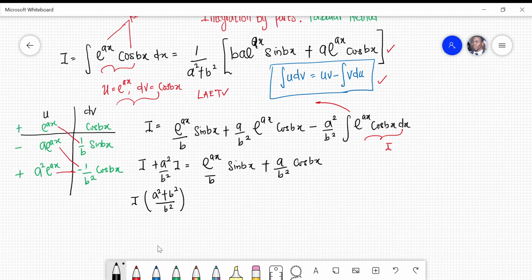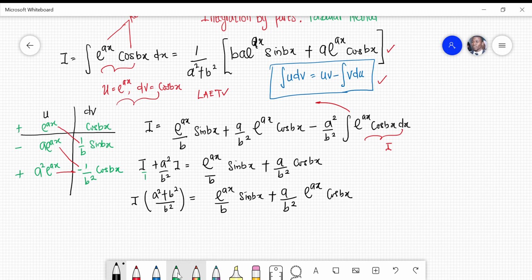So we take the LCM of this, b squared, and then you multiply: 1 in b squared is b squared, and b squared in b squared is 1. So you're going to have that equal to e to the ax over b sine bx plus a over b squared e to the ax cos bx.